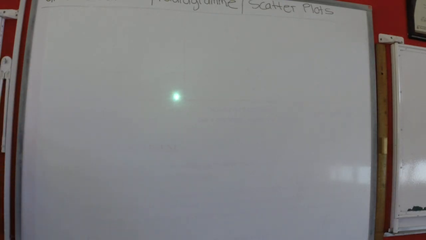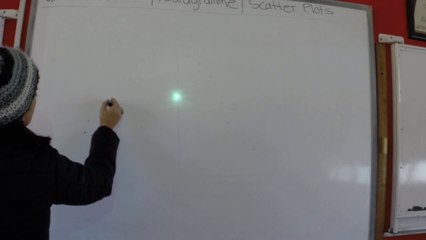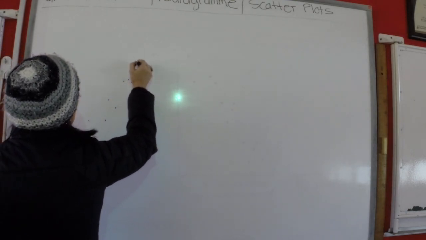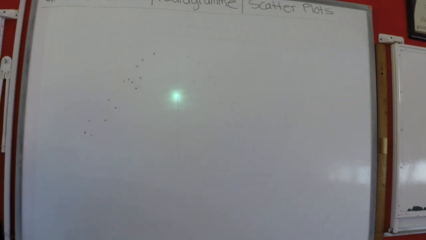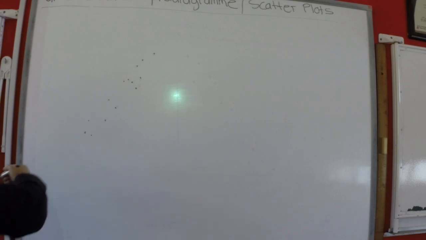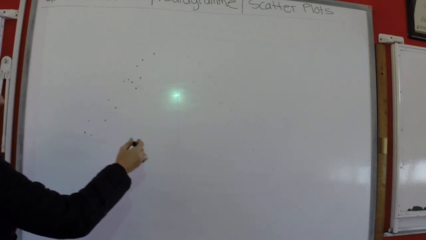So I hope you're gonna see this. I'm going to draw it in for you. If you look at this data, you can clearly see there's a positiewe korrelasie tussen die punte. There's a positiewe lineaire verwantskap between the points.